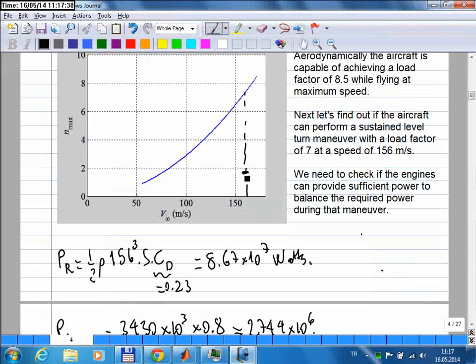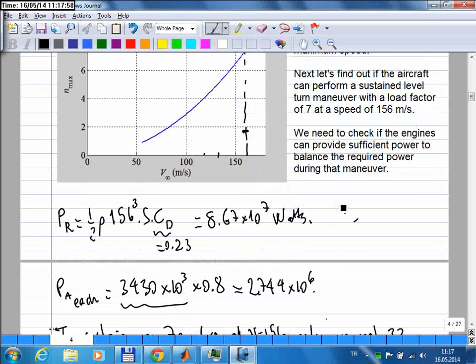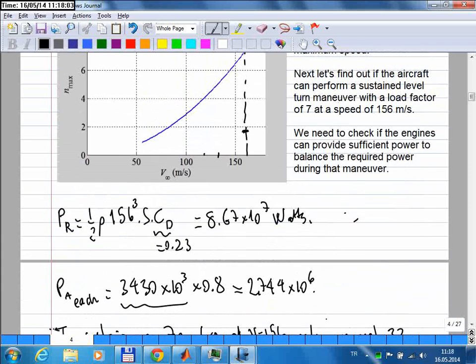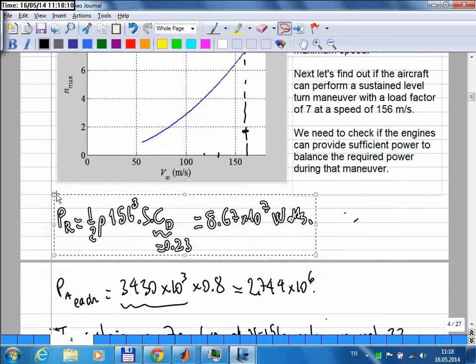So this is the engine limited load factor for that speed, and we can repeat these calculations at different speeds. So what is the engine limited load factor at another speed, for example? The calculation will be exactly the same. You will make this power required, power available equality, okay?